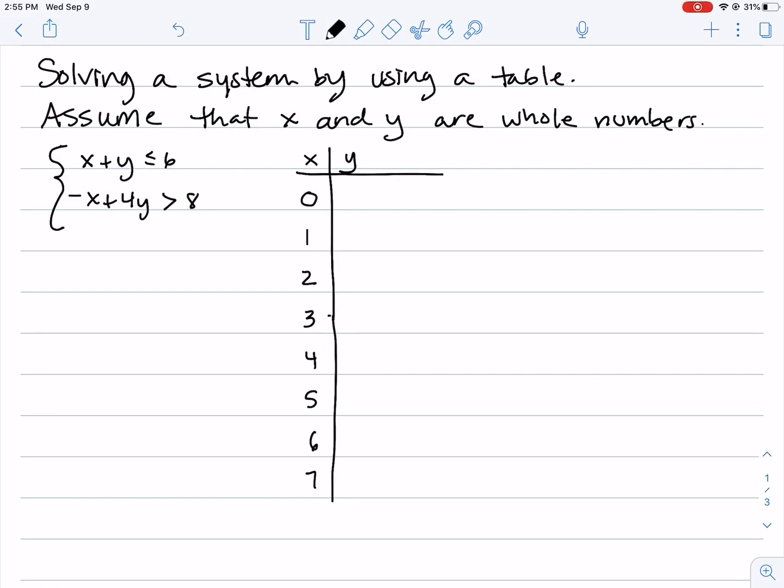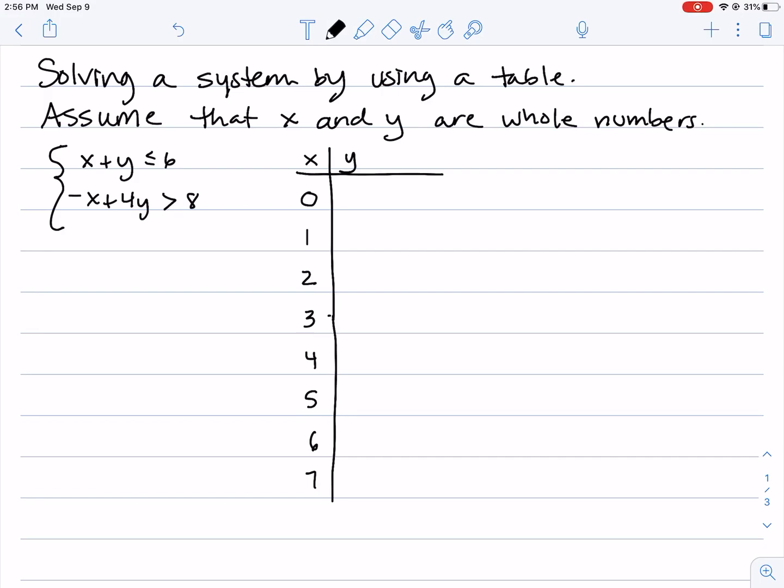Now, it's important to find the y values that are going to satisfy. I'm going to do this in 2 steps. First, I'm going to use these x values and substitute them into one of the inequalities. A little tip: it's much easier to substitute into one that has a less than or equal to, because that'll give you a finite amount of solutions.